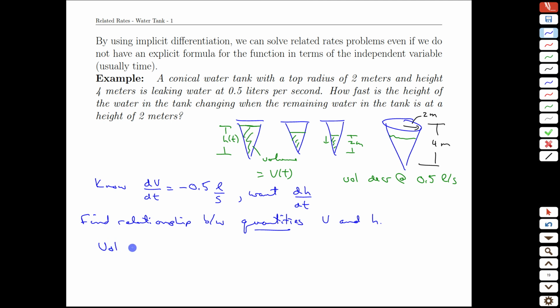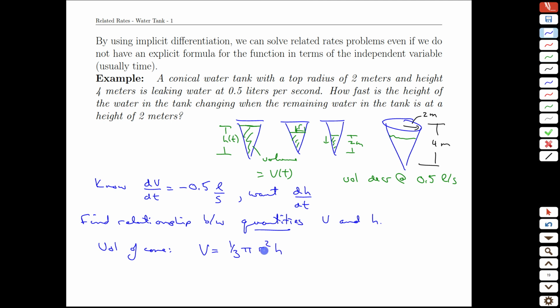The volume of a cone is 1/3 pi r squared h. That's an excellent start. The key thing to not get trapped in is don't get tempted to use the 2 meters of the radius, because that was in the problem. That's great, but it's the radius at the top of the tank. The radius when the water is down a bit further is going to be some other amount r.